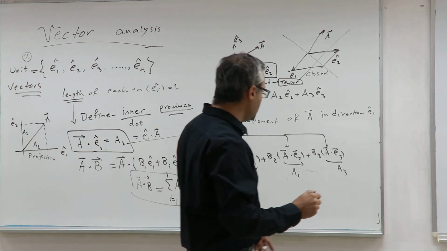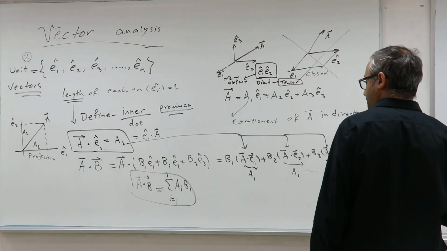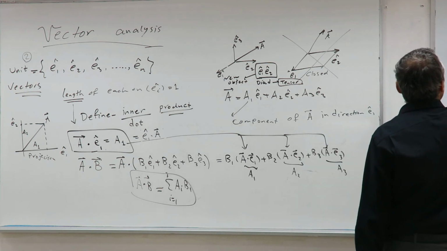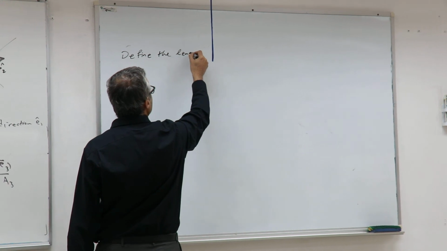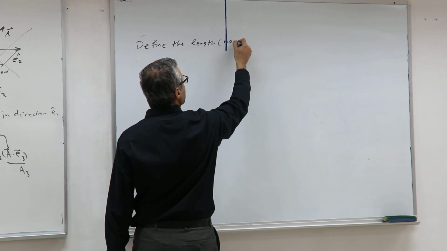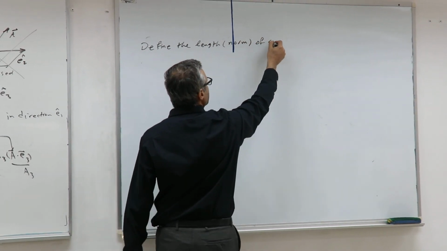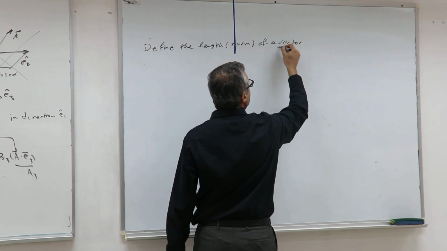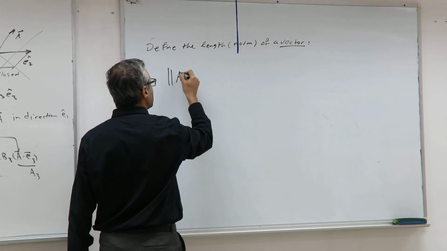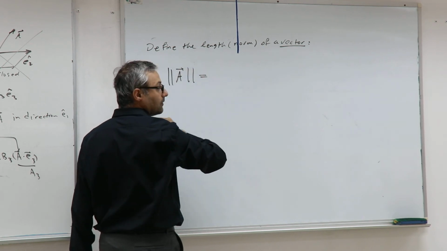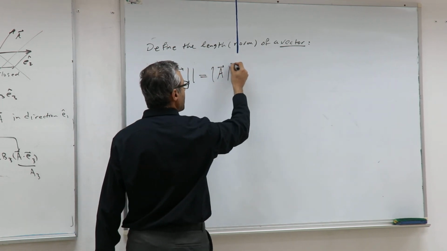So now let me define the length, the norm of a vector. So the norm of the vector is given by this symbol. There are different symbols for that.